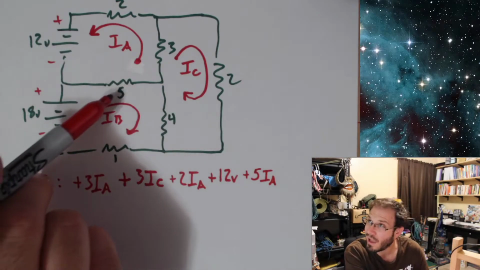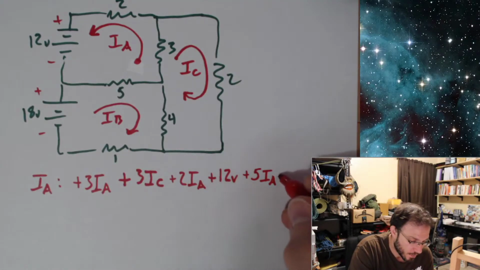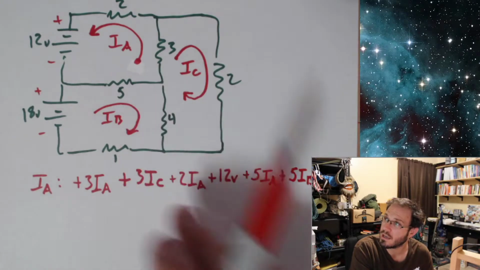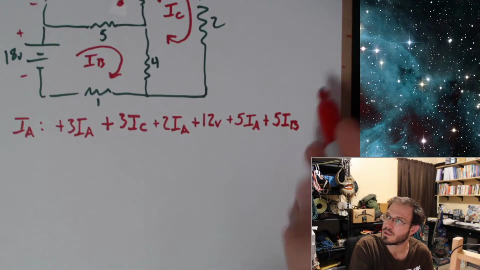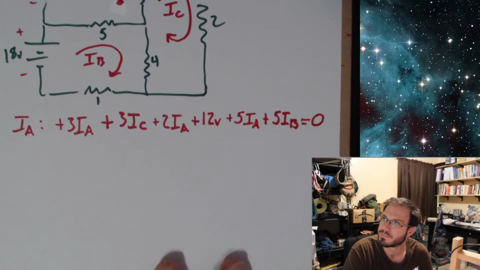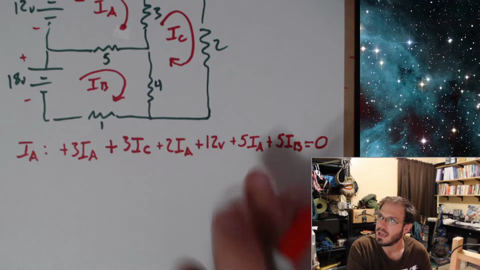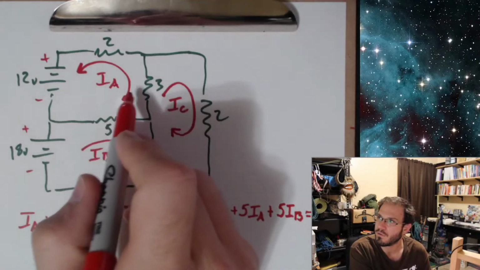So again, we will have to add these two voltages. So plus 5IB. And now we're back at where we started, so set the whole thing equal to 0. Okay, so that's how we would write this expression in the case of, if we picked it to go in the other direction.